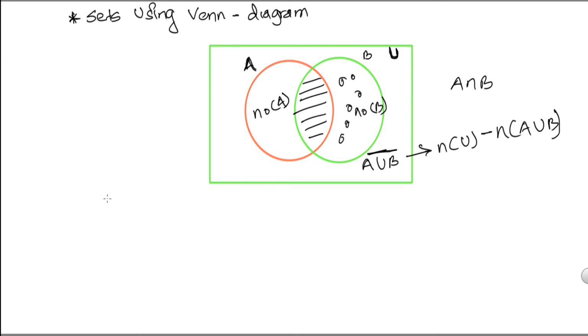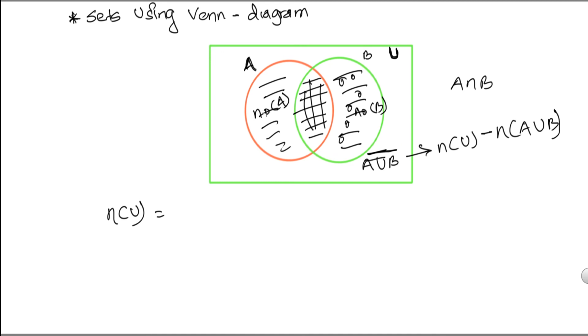So let's deduce the formula for nU. If you want to do it with n not, then nU will be this area and this area plus this plus this.